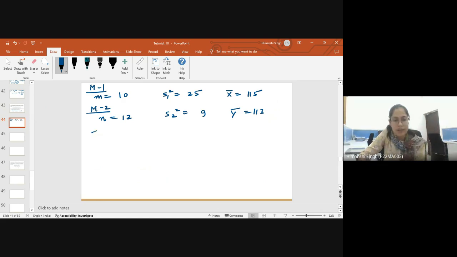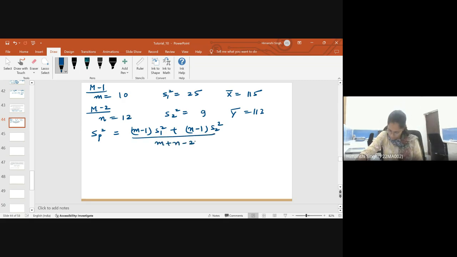Now we need to calculate SP square. SP square will be m minus 1 times s1 square plus n minus 1 times s2 square, divided by m plus n minus 2. So m minus 1 is 9, 9 into 25 plus 11 into 9, divided by m plus n minus 2, which is 20.